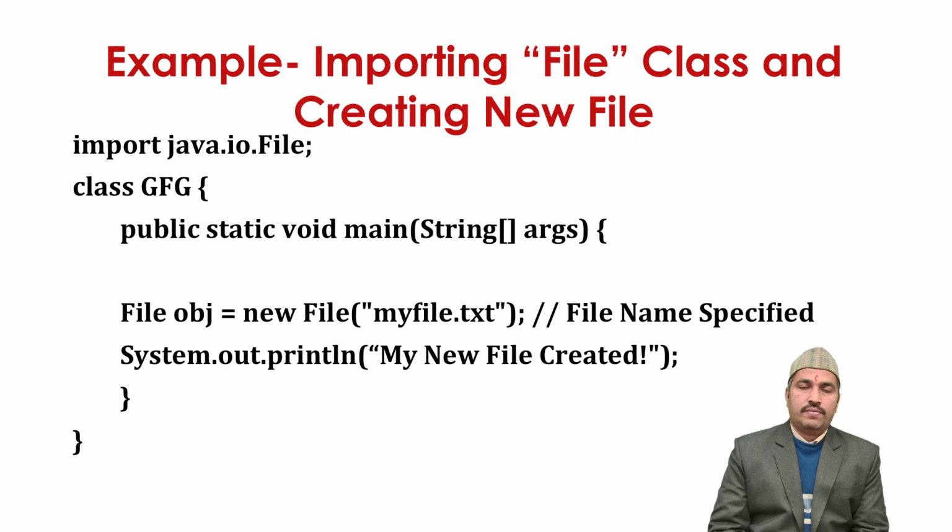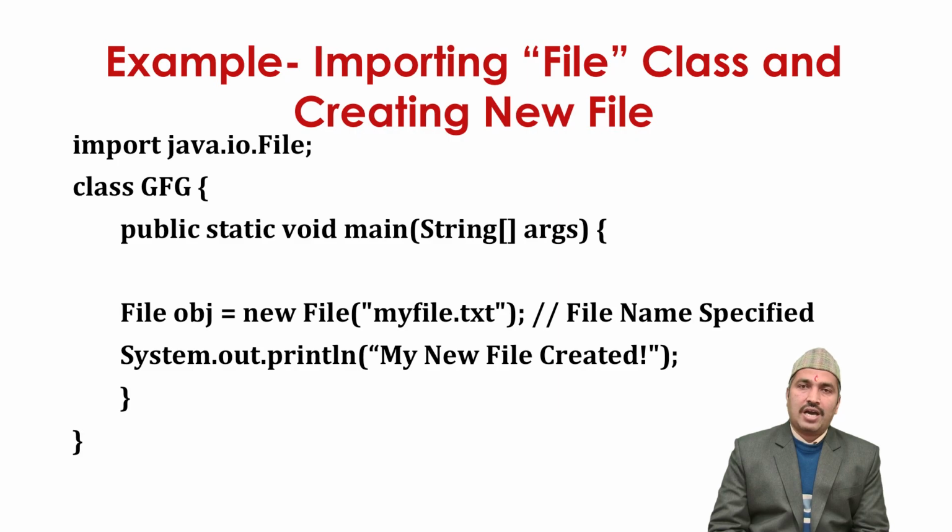One object of type File, named obj, is user defined; you can use any other valid identifier. A new File instance is created, and we have mentioned the name of our new file, typically here myfile.txt, enclosed inside double quotes.